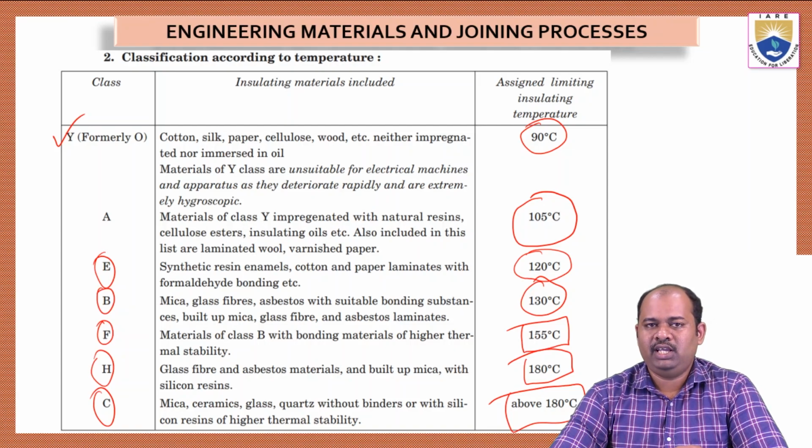We can simply say the temperature is near 80 degrees centigrade, so we can select a 90 degrees centigrade object. But that is not right, because we have to take into consideration the factor of safety. Sometimes the temperature designated at about 80 degrees centigrade may increase to about 100. That is when these materials will fail.